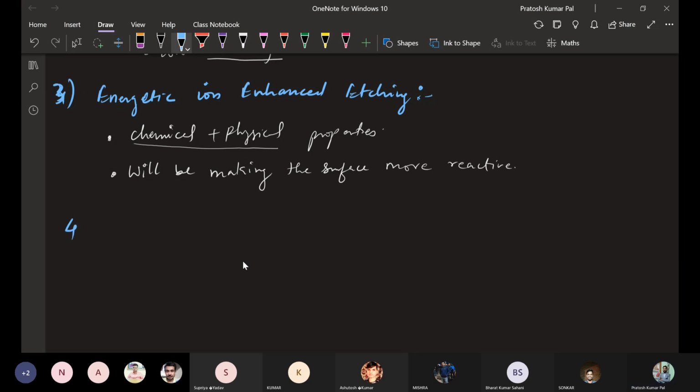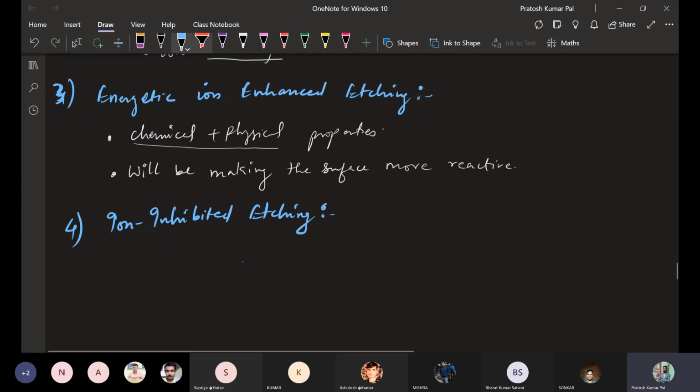Okay, the fourth mechanism is ion inhibited etching. As the name suggests, ion inhibited. So here we will be using a chemical that will be inhibiting the etching process.